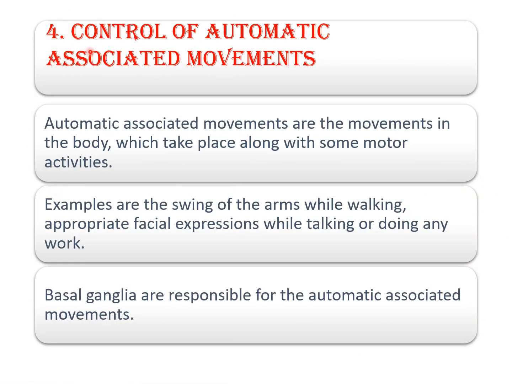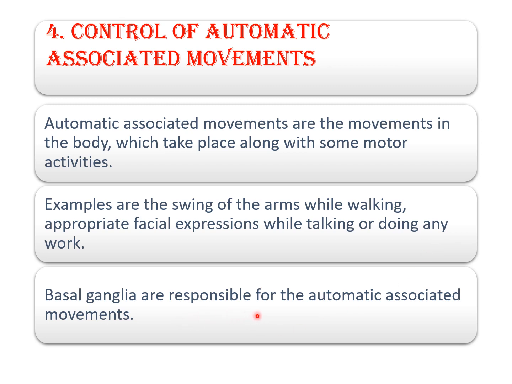Then the fourth function of the basal ganglia is control of automatic associated movements. Automatic associated movements are the movements in the body which take place along with some motor activities. For example, the swing of the arms while walking, and appropriate facial expression while talking or doing any work.